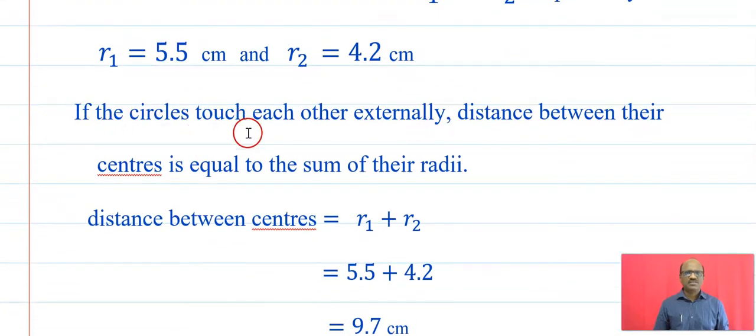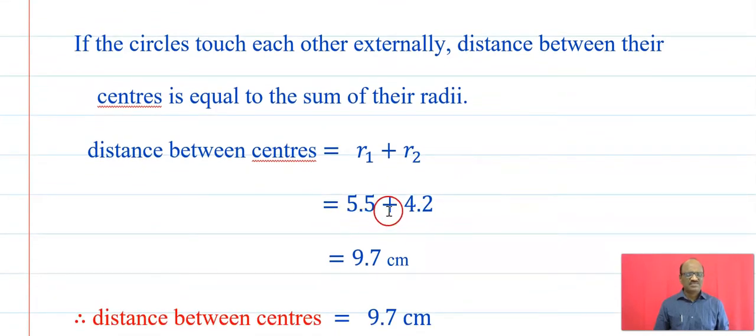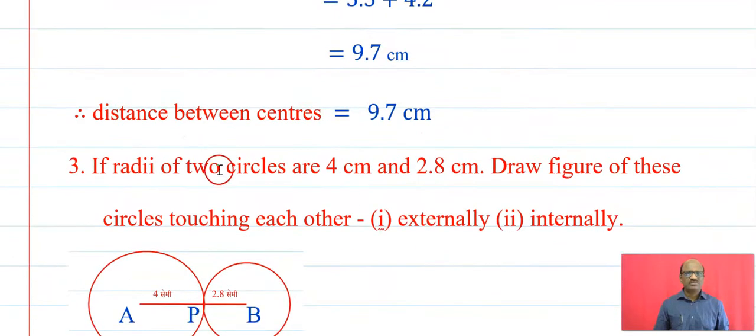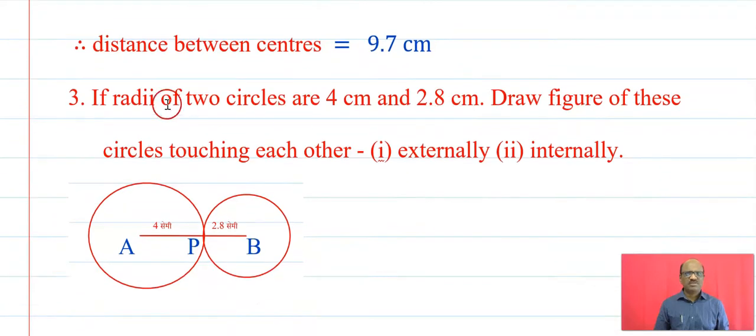If the circles touch each other externally, the distance between their centers is equal to the sum of their radii. Therefore, the distance between their centers is equal to r1 plus r2. It's very simple, that is 5.5 plus 4.2, which equals 9.7 cm. Therefore, the distance between their centers is 9.7 cm.